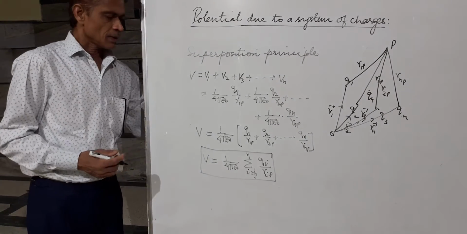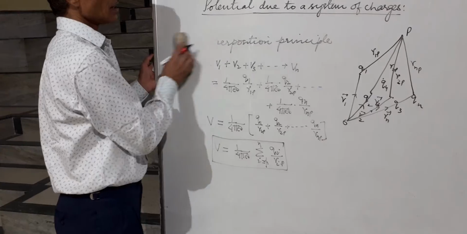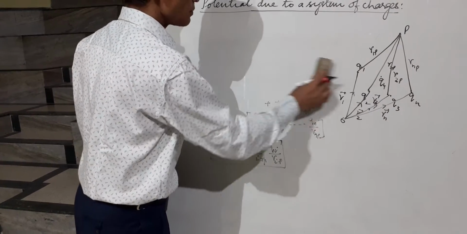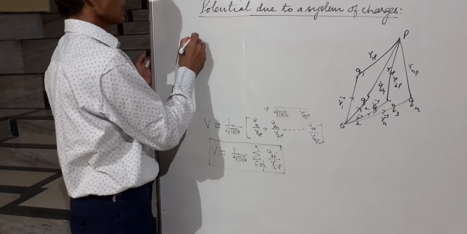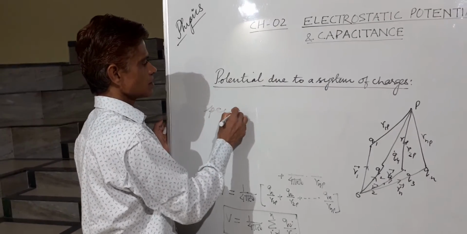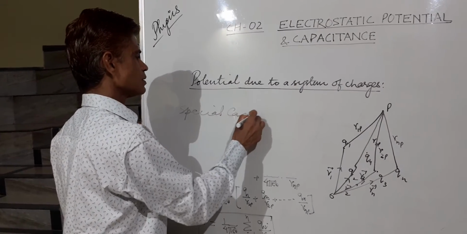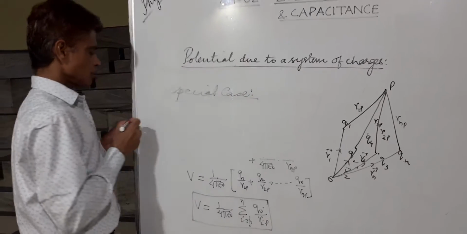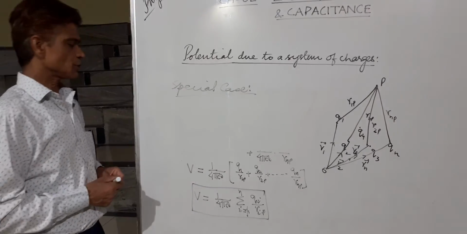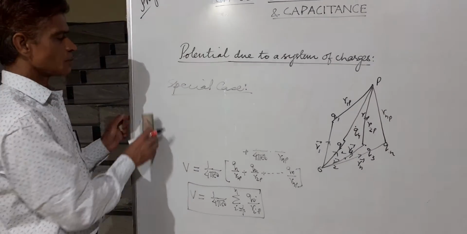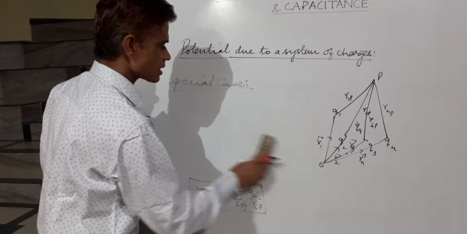Now let us discuss a special case of finding the electric potential. We have calculated the electric field due to a thin uniformly charged spherical shell.